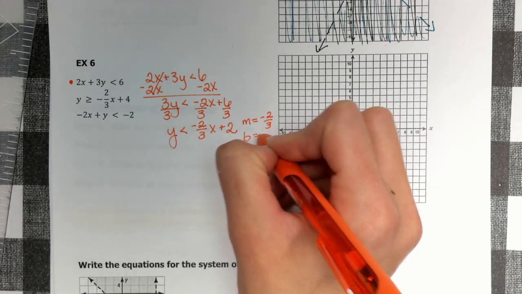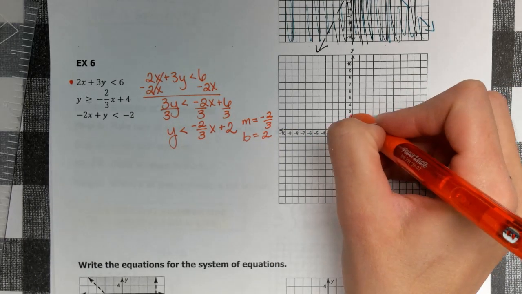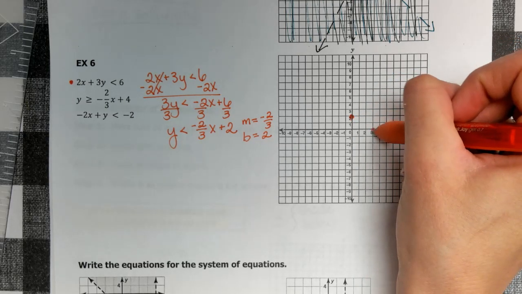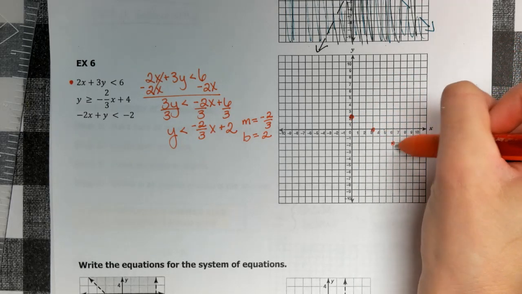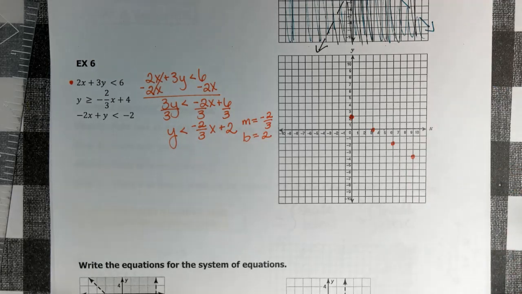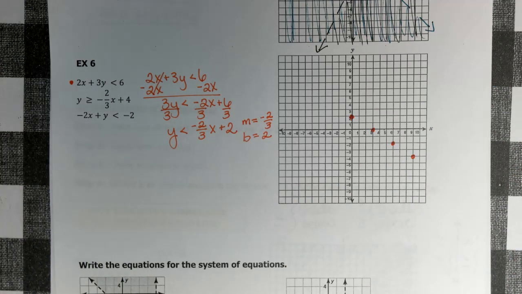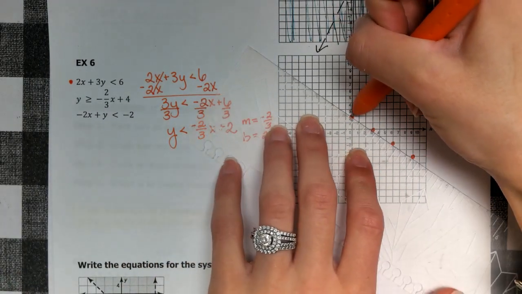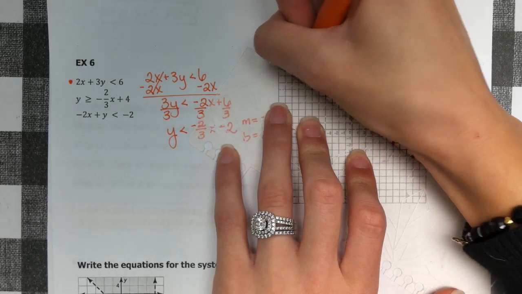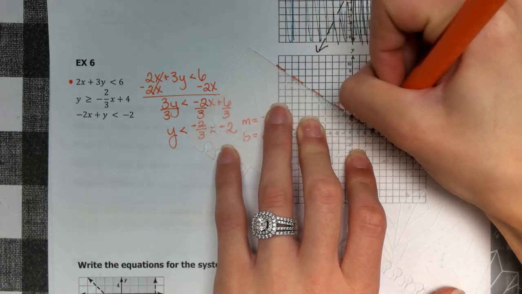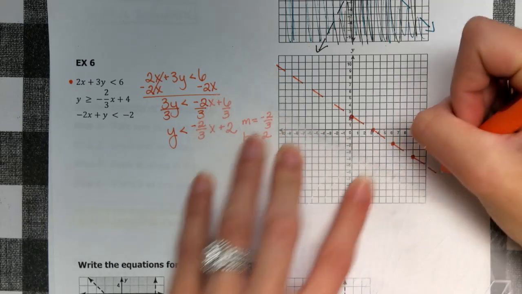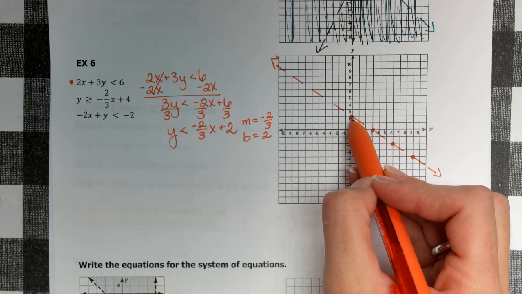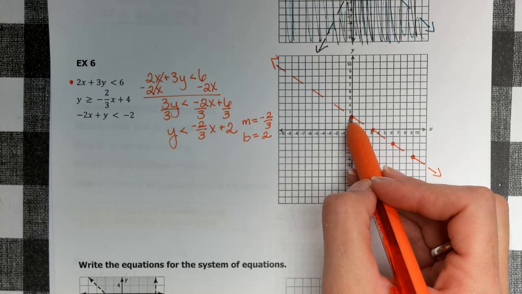My y-intercept is 2. So I'm going to go down 2 to the right 3. Dashed or solid? Am I going to shade above or below? Below.